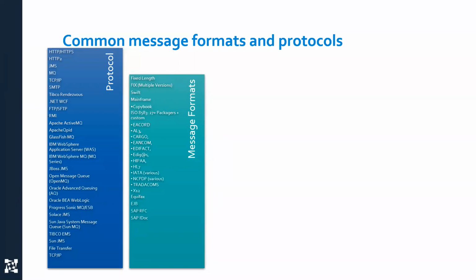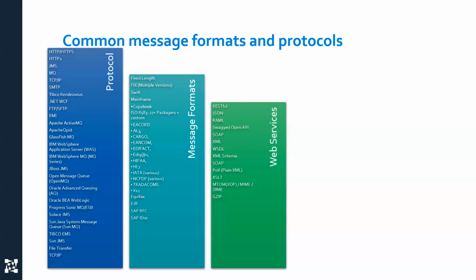You're going to get a lot of return on investment virtualizing the more complex legacy technology than potentially just simulating REST and SOAP services. So you're going to look for a solution that can support whatever your message formats are. And these can manifest as web services.